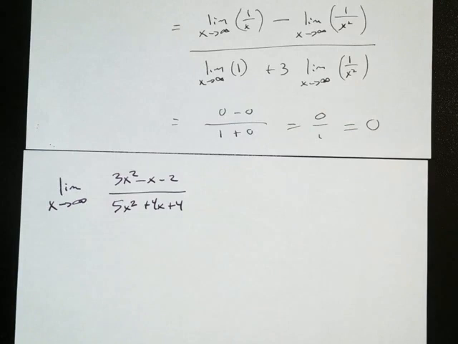What's the highest power of x? So we do exactly the same thing. We multiply by 1 over x squared on top and on bottom. We divide every term by x squared.